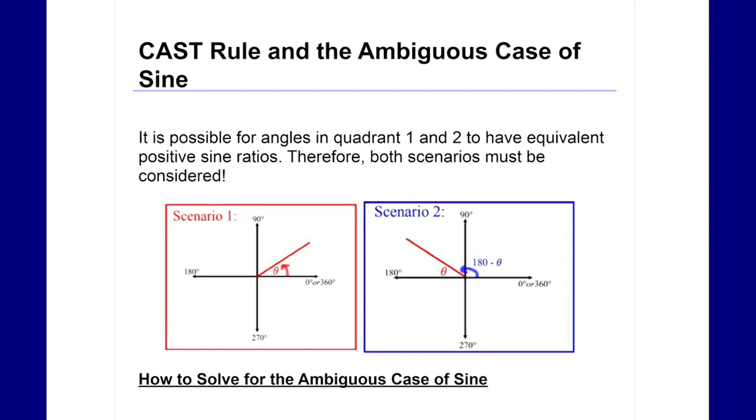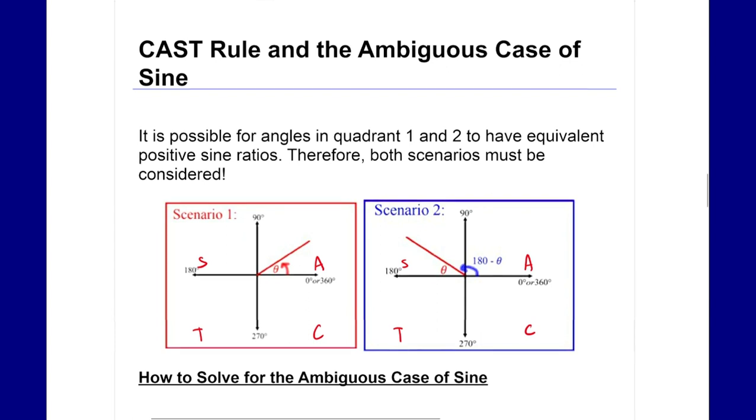The CAST rule: C, A, S, T. So we could have an angle in the first quadrant that has a positive sine ratio, and we could have a supplementary, or similar, angle in quadrant 2 that would have the same ratio, because in quadrant 2, sine is positive. Therefore, we have to consider both scenarios.